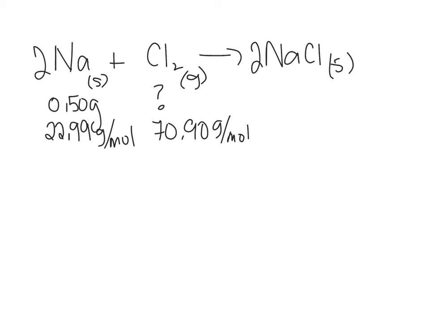Okay, I'll do dimensional analysis first, and then I'll do formulas. So, we want to figure out grams of chlorine, so we have to use the molar mass first. Need to get rid of moles of chlorine, so we're going to use our mole ratio.